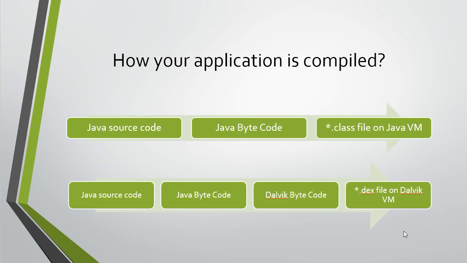So what happens here is your C Sharp code is converted directly to the Dalvik bytecode, and then from Dalvik bytecode it becomes a DEX file, and then it runs on your phone. So this is one of the very interesting features that you get with such an execution model.